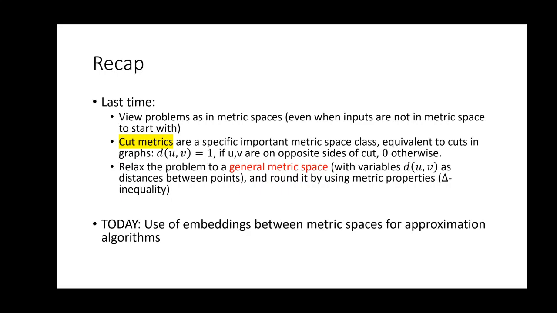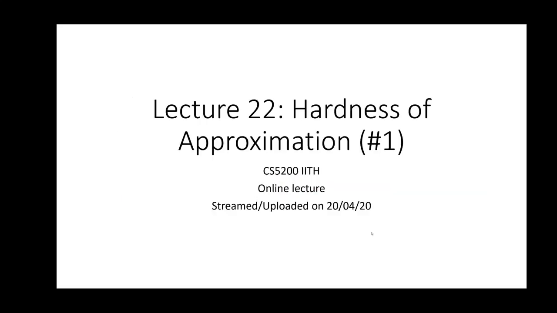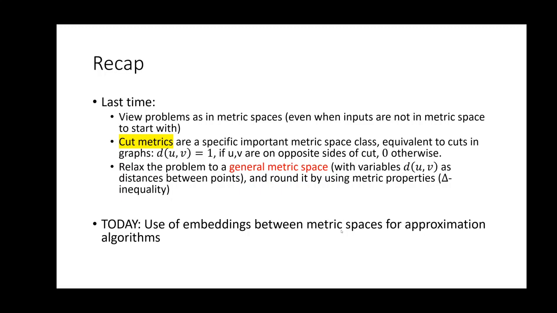In particular, we are going to see how we can start with a problem which is formulated in a so-called hard metric space and try to map that problem to a similar problem in an easy metric space, and try to solve it or at least approximate the solution. So with that, let's go on to today's lecture.